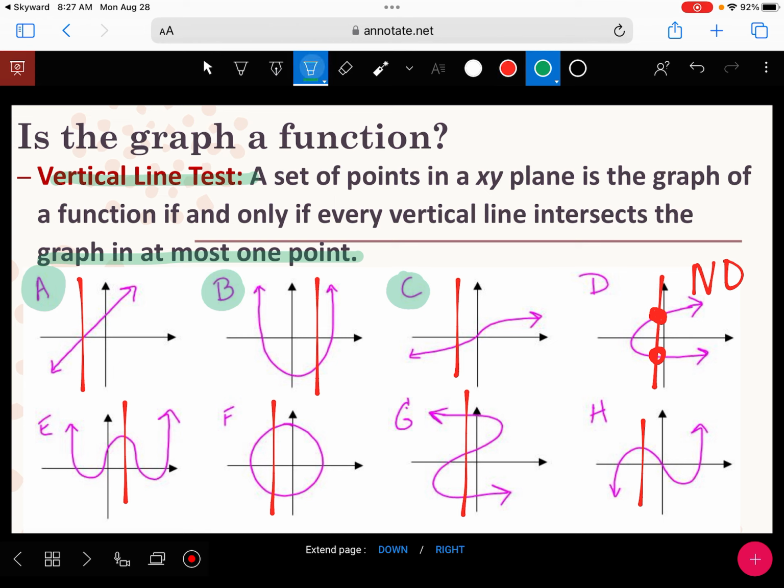E is a yes. What about F? No. Crosses through twice. What about G? No. That crosses through 3 times. What about H? Yes.